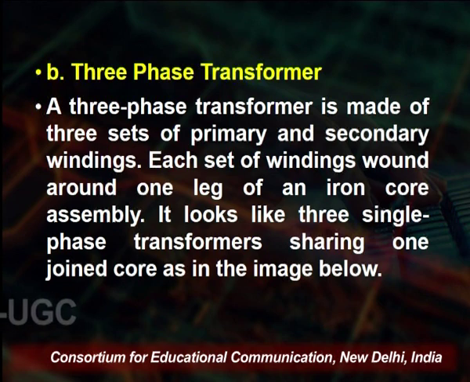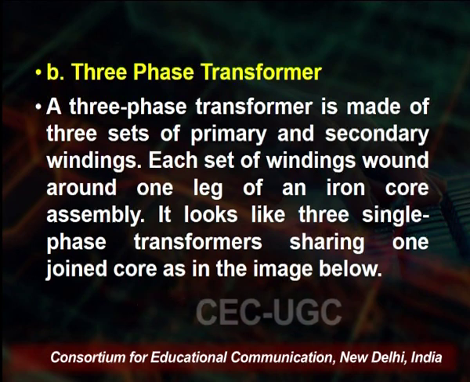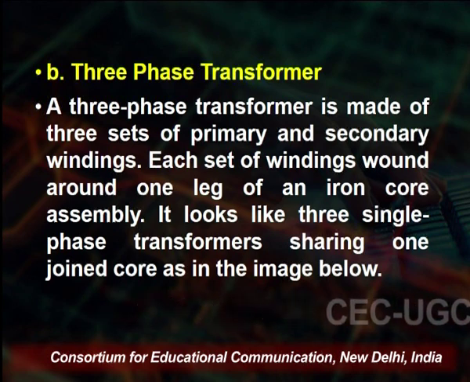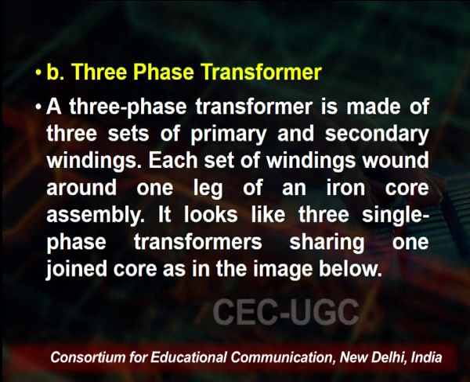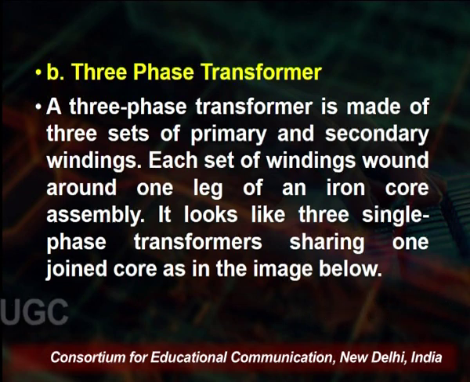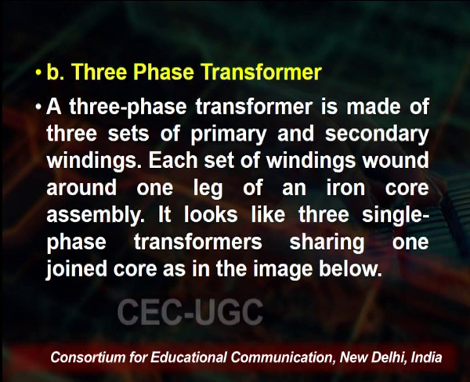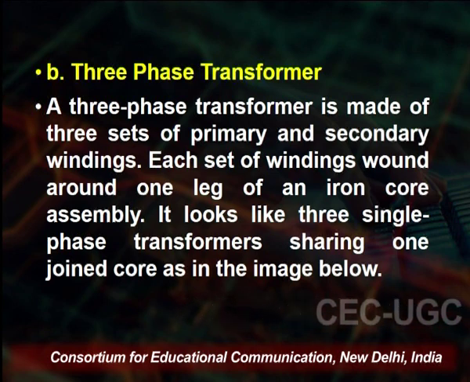Another type is the three phase transformer. A three phase transformer is made of three sets of primary and secondary windings, and each set of windings is wound around one leg of an iron core assembly.